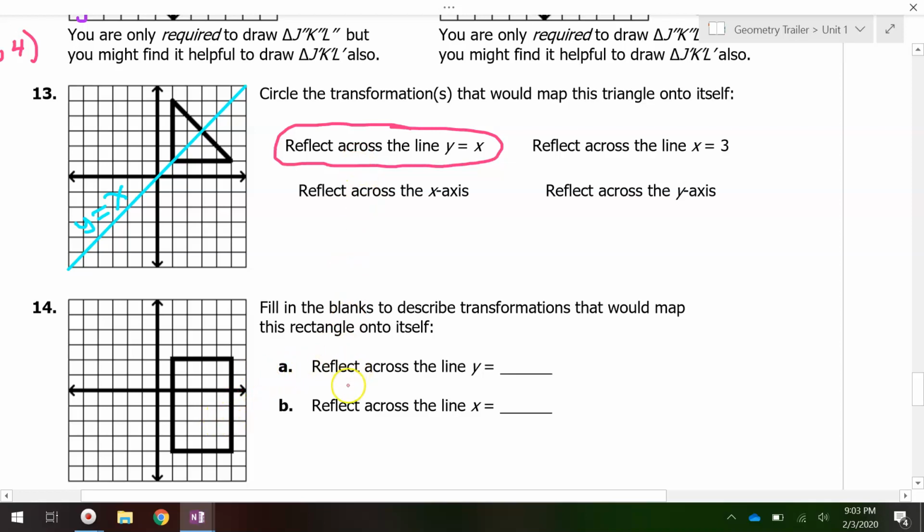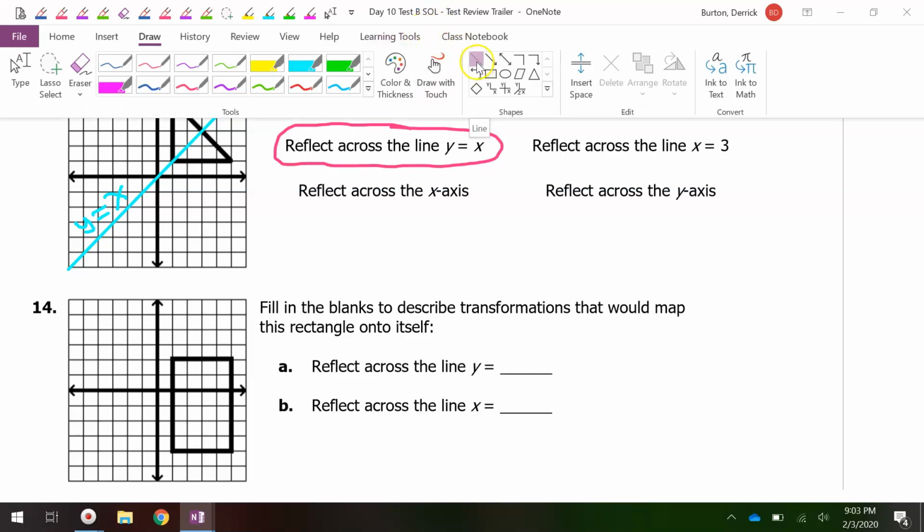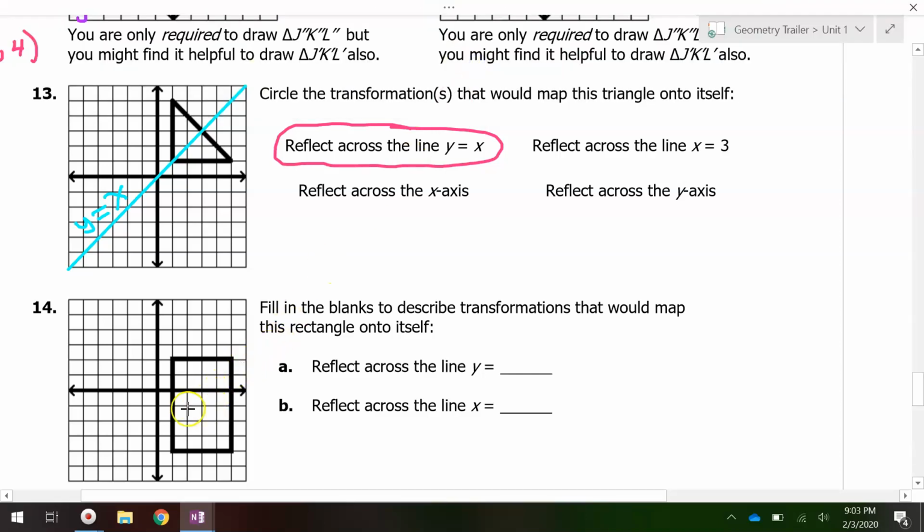let's look at number 14. Fill in the blanks to describe the transformations that would map the rectangle onto itself. All right, let's use the same thought process. Let's look for lines of symmetry. I see 2 lines of symmetry for this rectangle. This is a line of symmetry. See how it splits the rectangle into 2 equal halves, 3 units below and 3 units above.